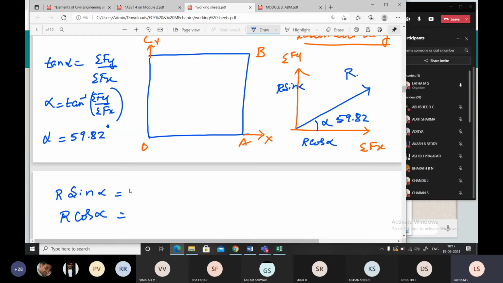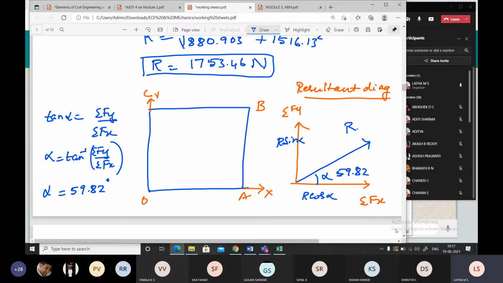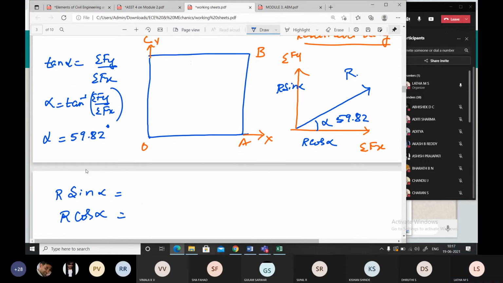Substitute R. What is the value of R you are getting? 1753.46 into sine 59.82.